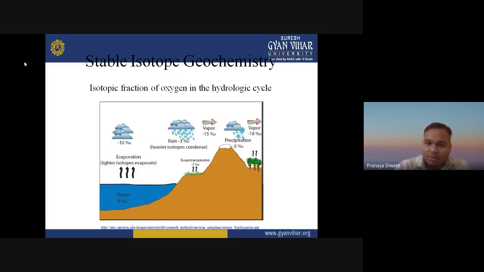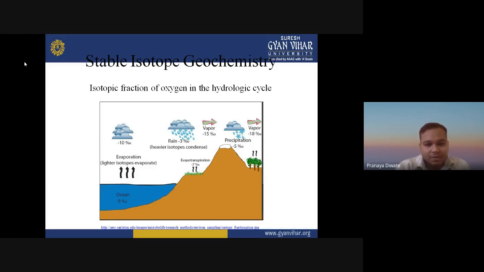It involves evaporation, in which the lighter isotope evaporates, and the isotope fractionation of oxygen in the hydrological cycle is seen on different kinds of surfaces and in different kinds of studies.